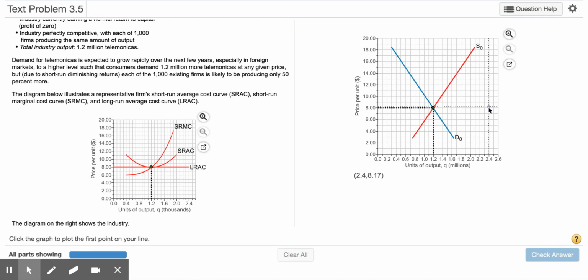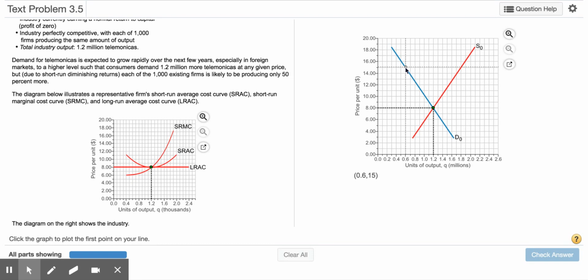To get the other point, we can pick a point where the quantity is equal to 0.6 and the price is equal to 15.